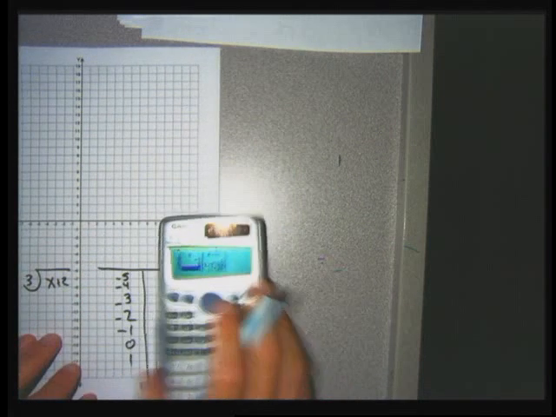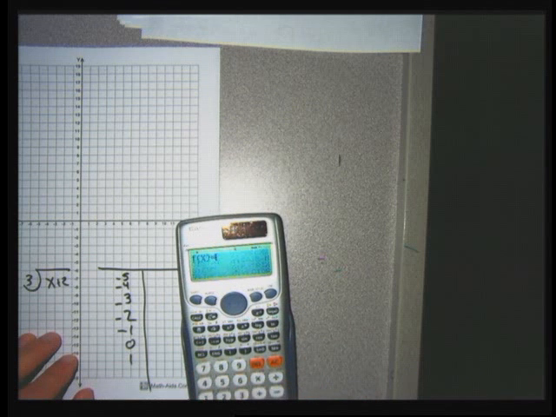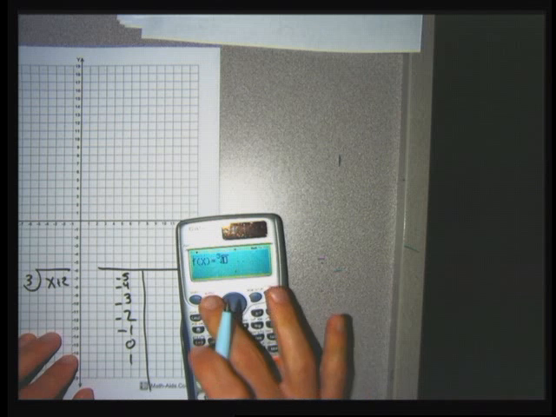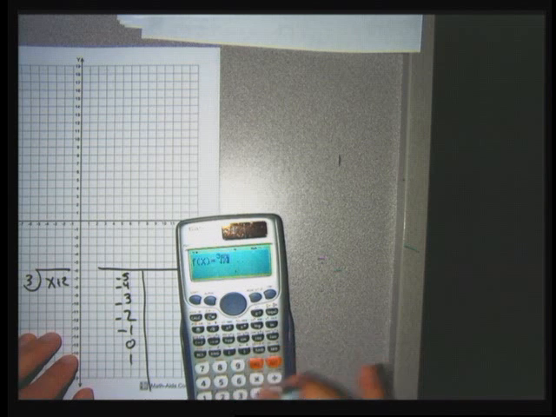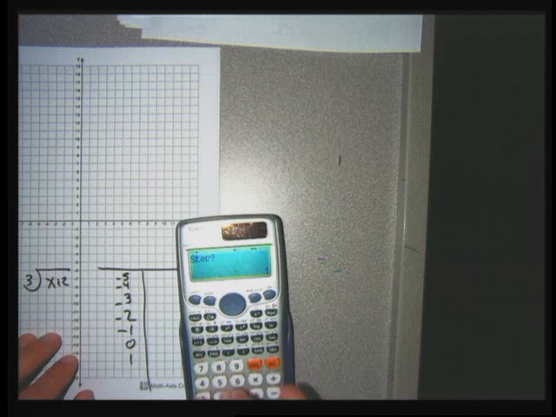Now I'm going to do my calculator's bidding here. So mode button, 7 for table, shift cube root, alpha x plus 2, start at negative 5, end at 1, step 1.